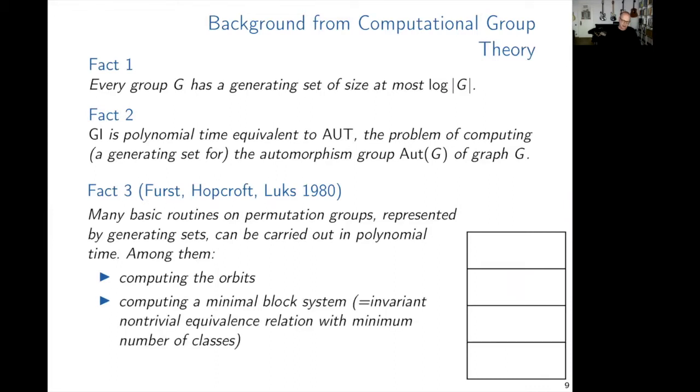The second thing is we can compute a minimal block system. Now, what is that? It's an invariant, non-trivial equivalence relation with the minimum number of classes. Okay, so that probably also doesn't mean so much to you.